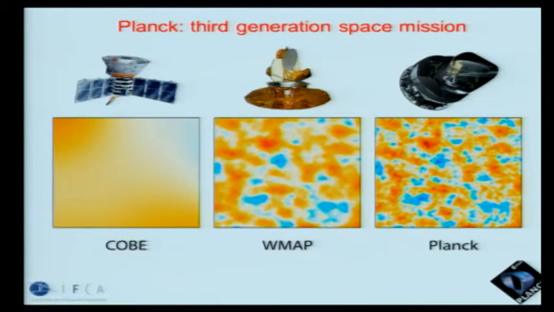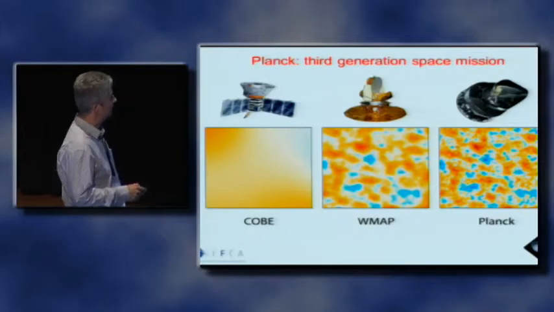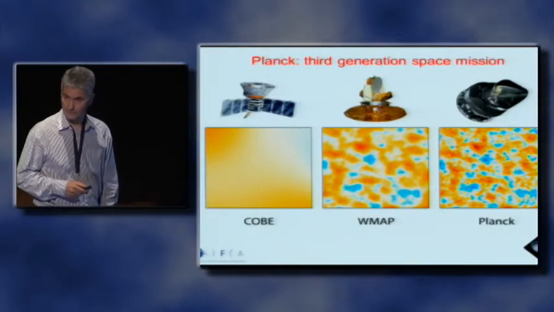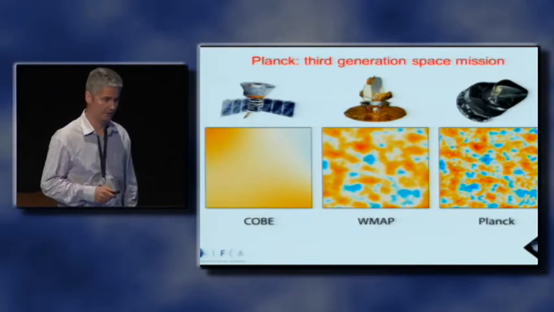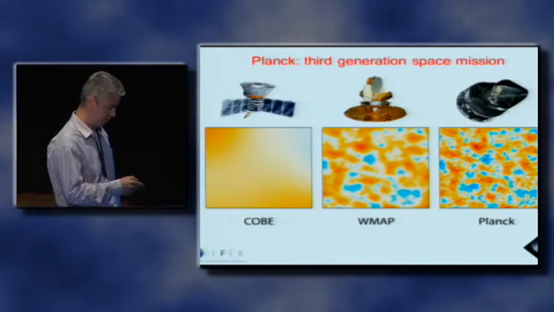And then we have here Planck as the 3rd generation of satellites. The first one was COBE, the NASA one, which first detected the anisotropies at 10 degree scales, and also provided a very good precision of the black body radiation.